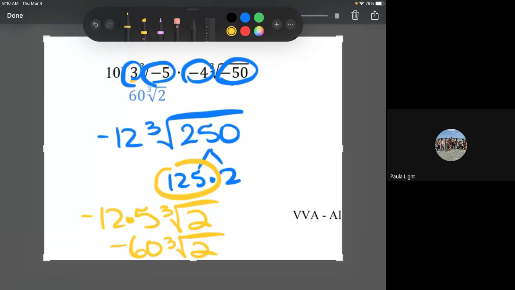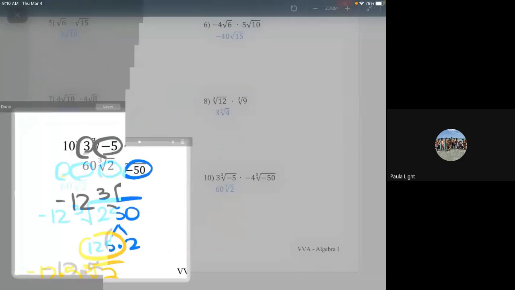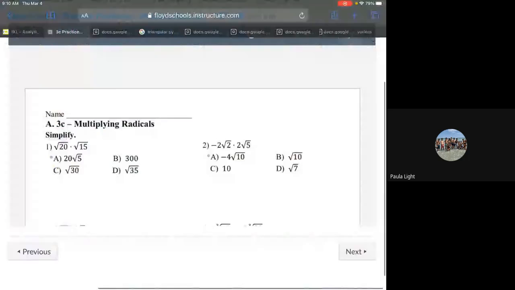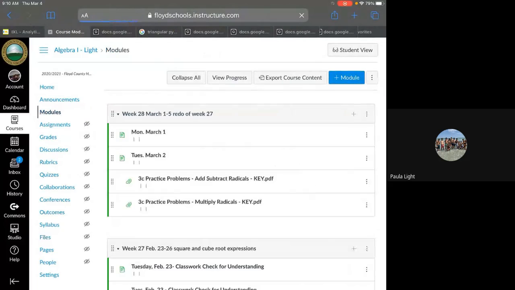Anybody have any more questions on how to add, subtract, multiply, and divide radical expressions? Okay, let's go to your module, which is where I thought I was. Let's look at things. Okay.